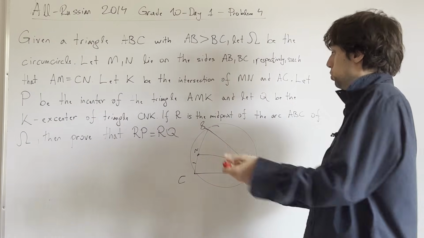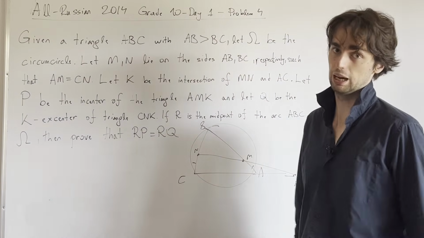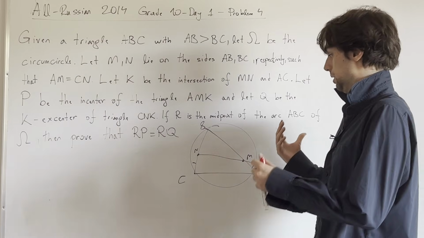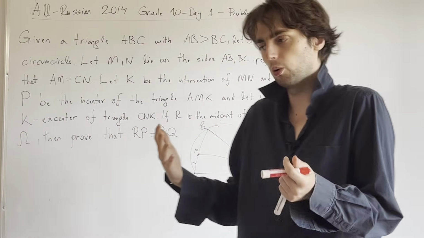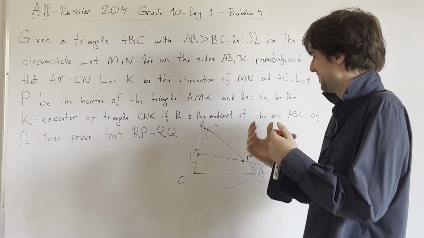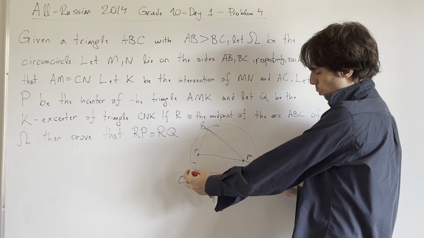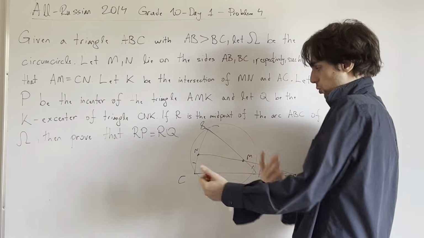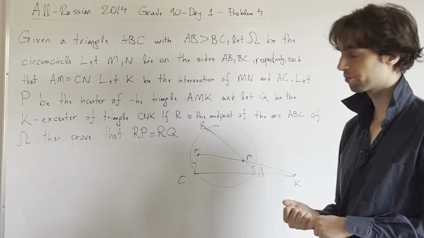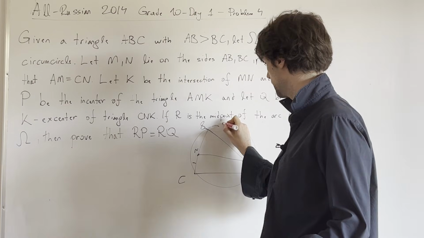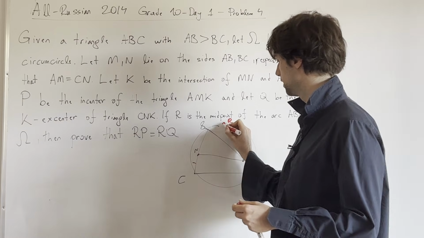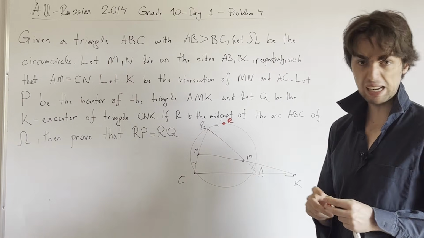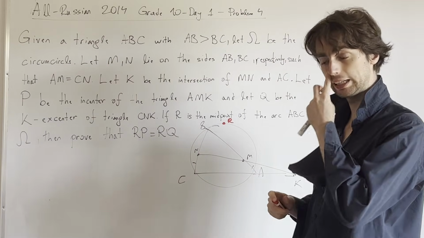We're going to need to connect it to P and Q somehow, but M and K define the points P and Q. So can we first connect it to things which seem closer to it in some way? Let's look at R being here. I invite you to pause for the next 5 to 15 minutes and try to push the problem further. And here's the next step.